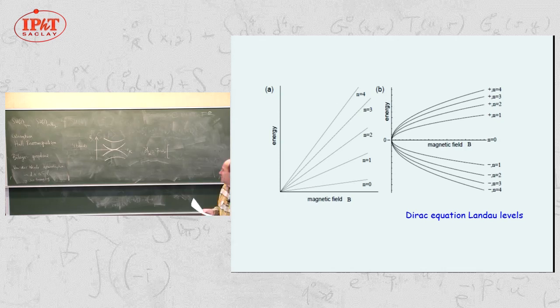But anyway, it's much simpler. Let me use a and a dagger, the ladder operators for the harmonic oscillators corresponding to the cyclotron motion. So that's the way the Hamiltonian looks.